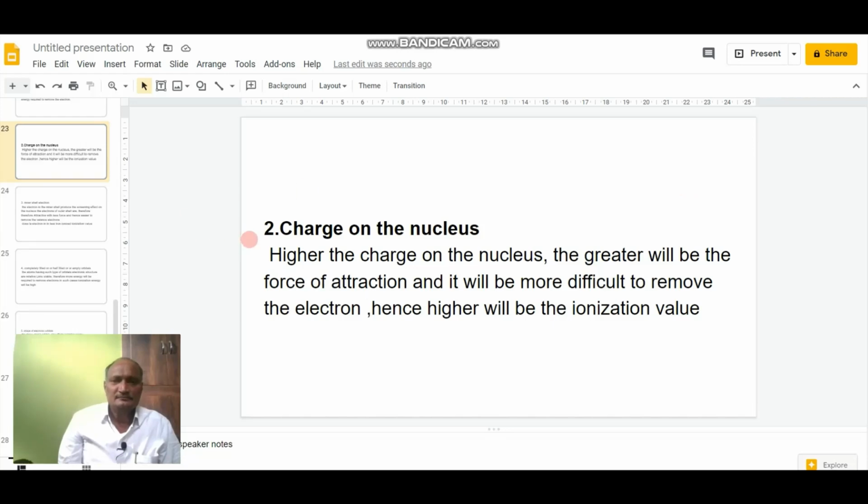Coming to the second factor controlling the ionization energy, that is charge on the nucleus. The charge on the nucleus affects the ionization energy in the following way.